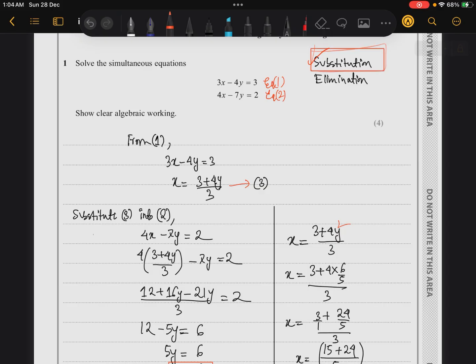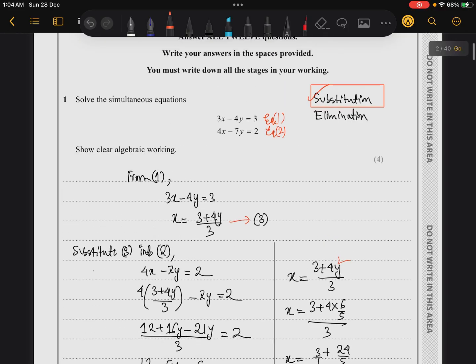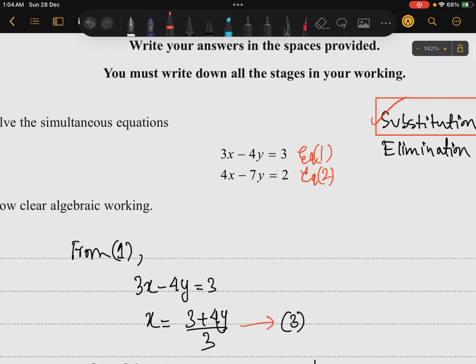You can also use elimination if you want. I'm just going to give a small preview of how elimination works. What you do is you make any of the variables and their coefficient same. Let's say if I target x, then I have to make this 12x, and in case of 4x, I also have to make this 12x.